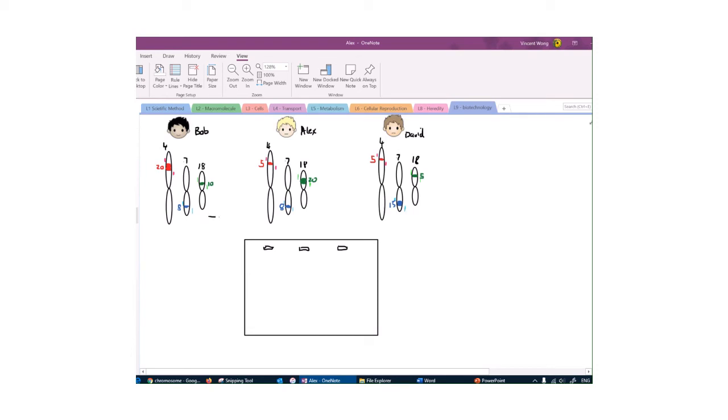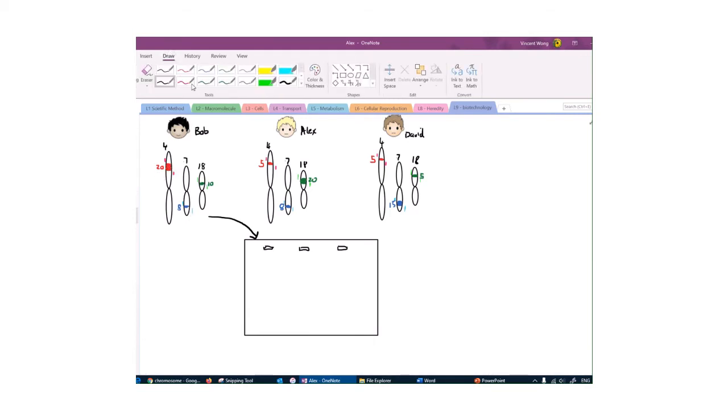So if we load Bob's sample, he's going to have sequences that are repeated 20 times, 8 times, and 10 times. So for him, he will have a band over here closer to the well that corresponds to this one, because it's very, very long, right? It's not going to be able to travel very far down the gel.